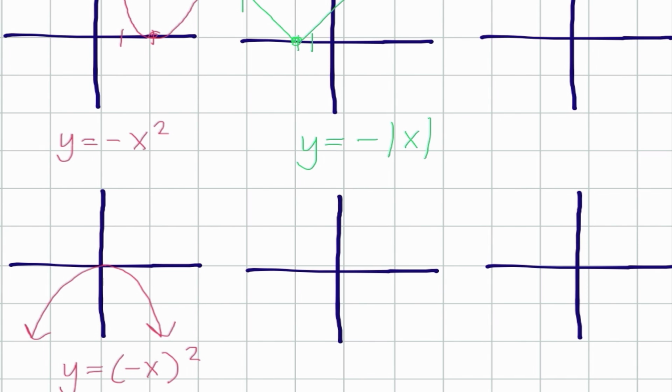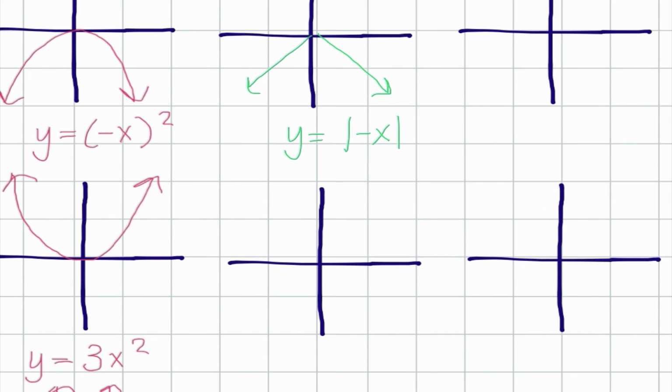Next, for something like y equals negative absolute value of x, we know that is a reflection over the x-axis. So instead of my V being here, it is going to be facing down. Now y equals the absolute value of negative x. We could think of this in two ways.